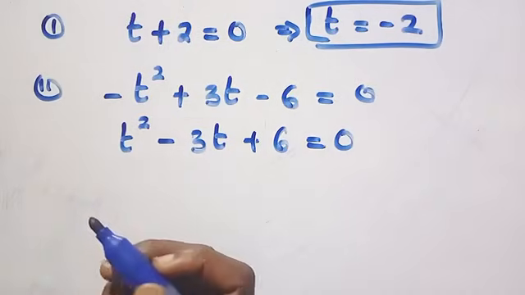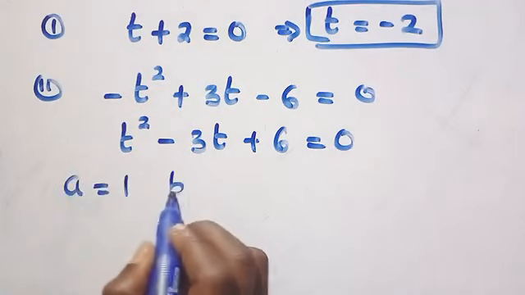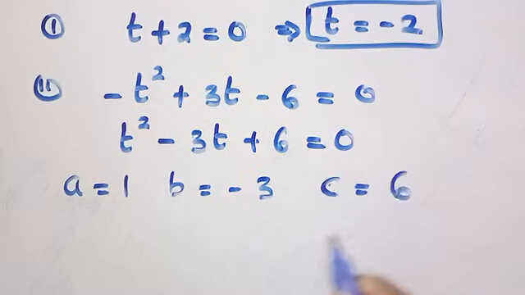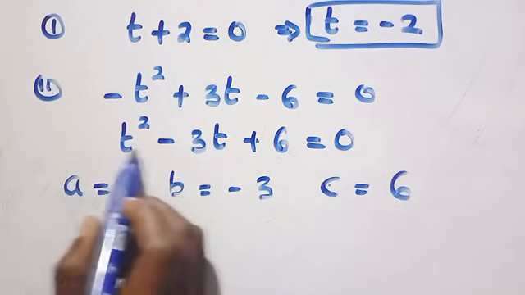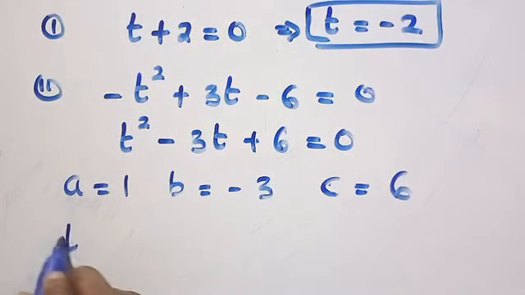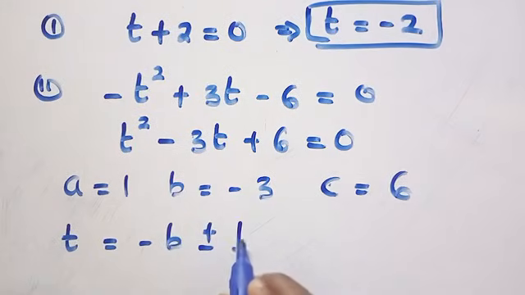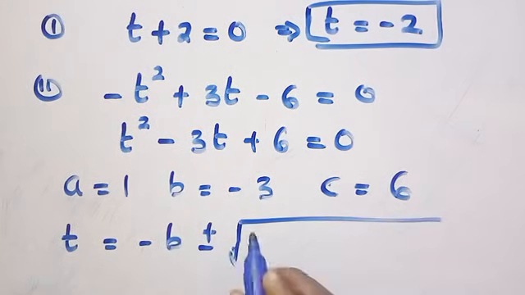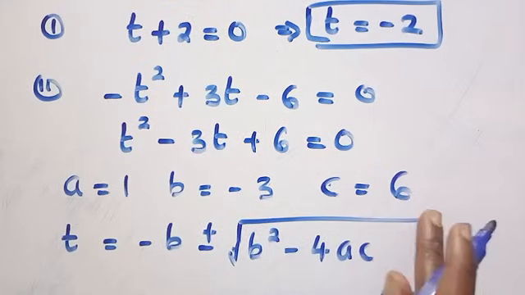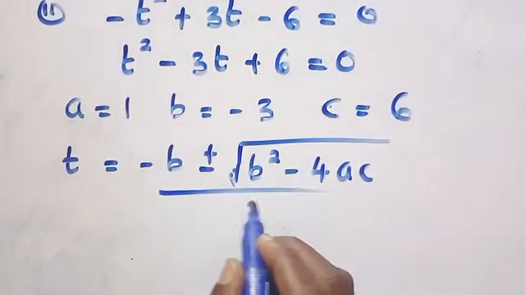We are going to solve this quadratically by having a equals 1, b equals minus 3, and c equals 6, from the coefficients of all these terms. So by applying the formula, we have t equals minus b plus or minus the square root of b squared minus 4ac, all divided by 2a.